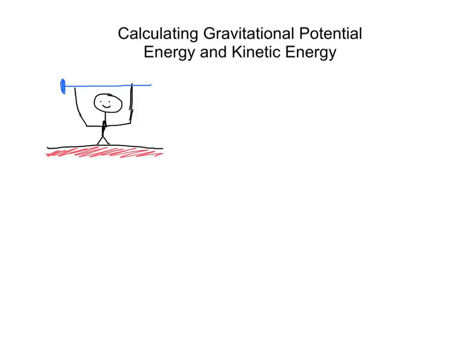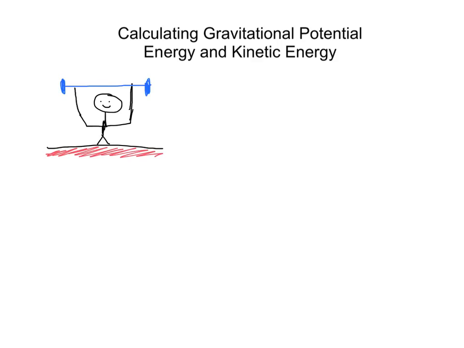So they're lifting up some weights here. Now, when that dumbbell is lifted off the ground, it stores energy. And the energy that it stores is referred to as the gravitational potential energy.